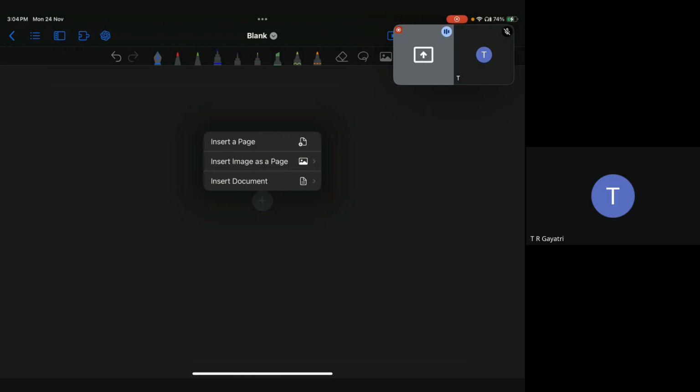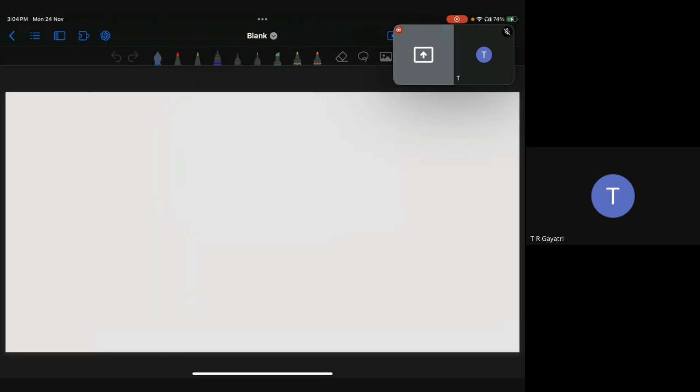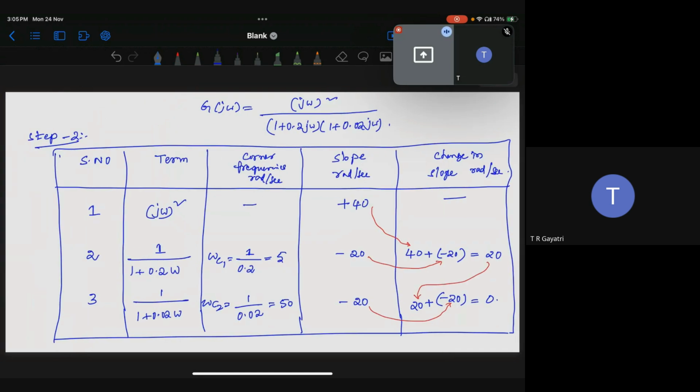So before going to that, step 3. In step 3, the lowest corner frequency here is 5.